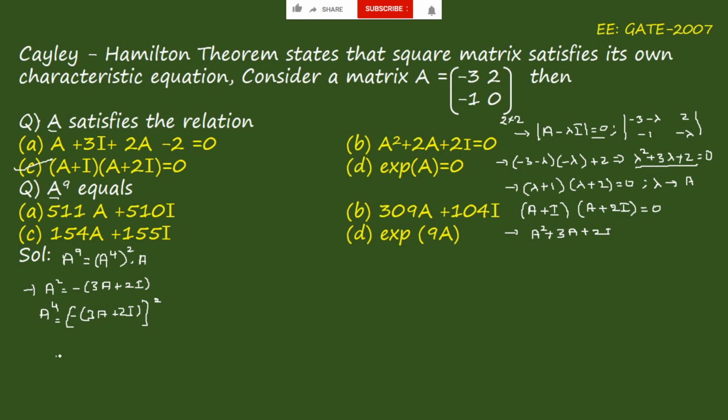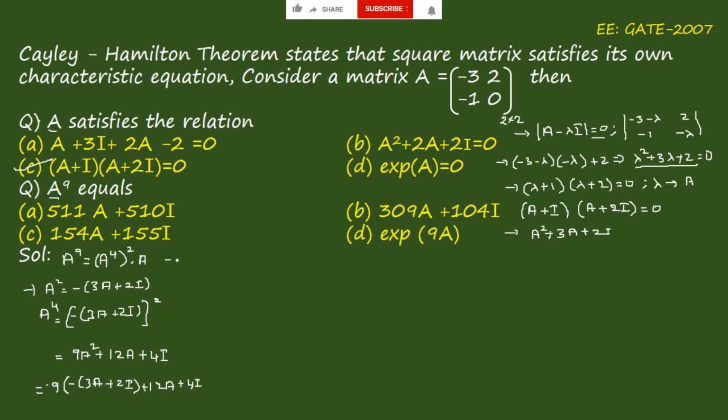So it becomes nothing but 9A square plus 12A plus 4I, right? But we know that A square is equal to minus of 3A plus 2I. So just substitute it. We get this as 9 into minus of 3A plus 2I, plus 12A plus 4I, right?